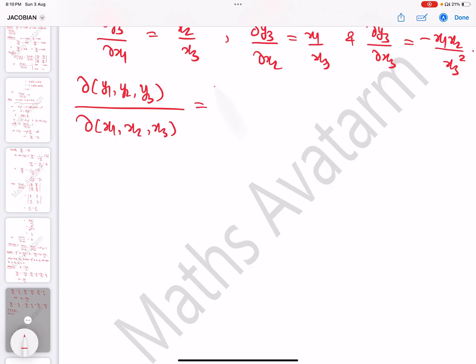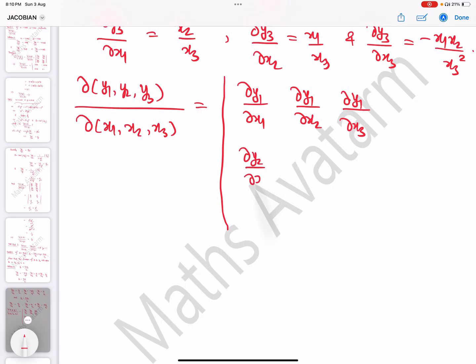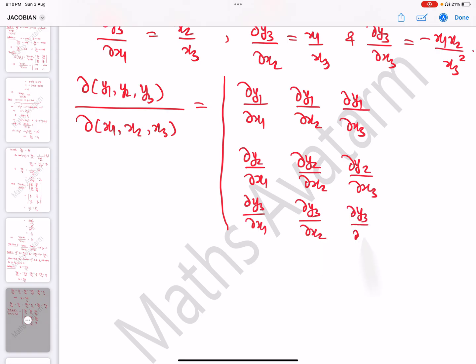That is nothing but the determinant of the partial derivatives: del y1 upon del x1, del y1 upon del x2, del y1 upon del x3, then del y2 upon del x1, del y2 upon del x2, del y2 upon del x3, then del y3 upon del x1, del y3 upon del x2, del y3 upon del x3.